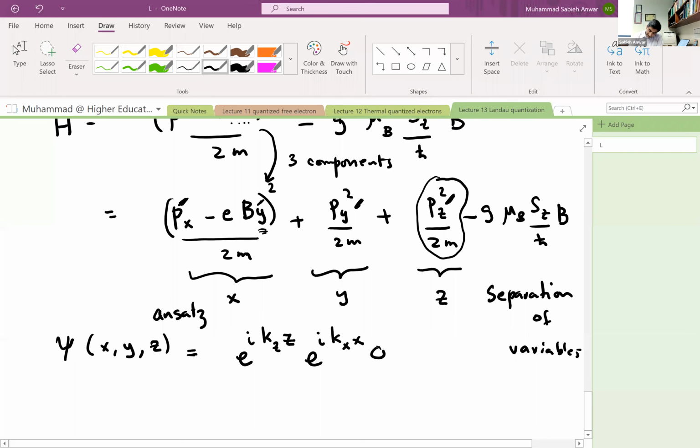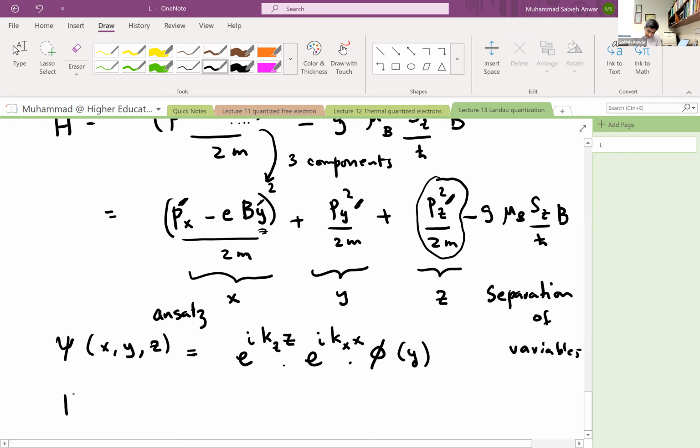So I would keep this totally arbitrary. I would put this as phi, some function of y. So I factorize my solution into three parts: an x part, which is a plane wave, a z part, which is a plane wave, and some arbitrary function of y, which I denote as phi.